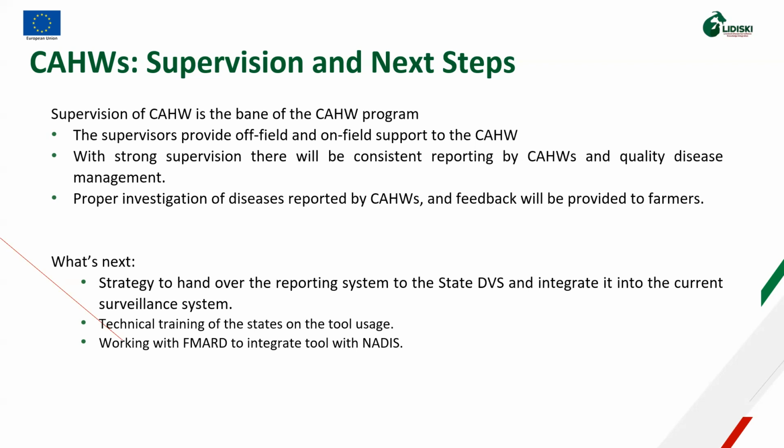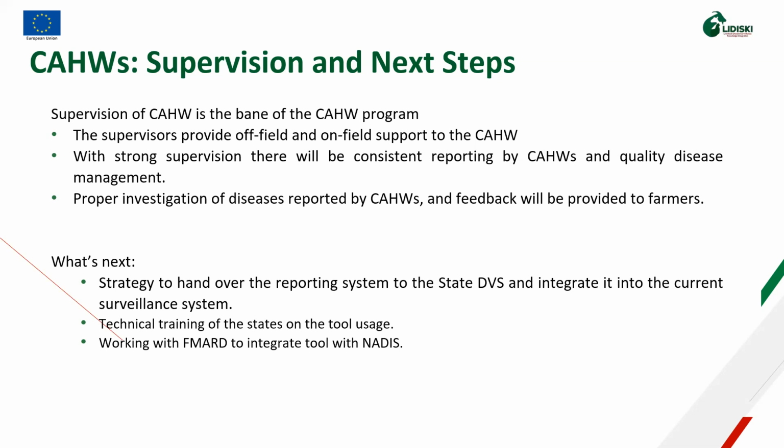Even if it is just ordinary deworming, it is important that the state are aware of all these activities going on, because in the long run, it also helps the state to generate data about what's actually happening in their state, and then they can plan for the future.